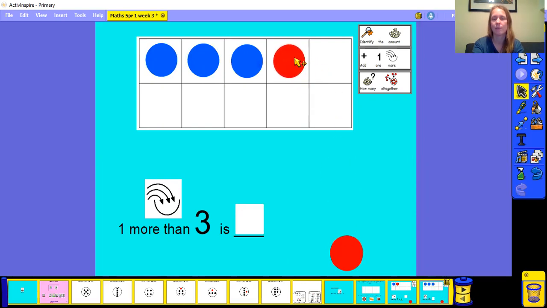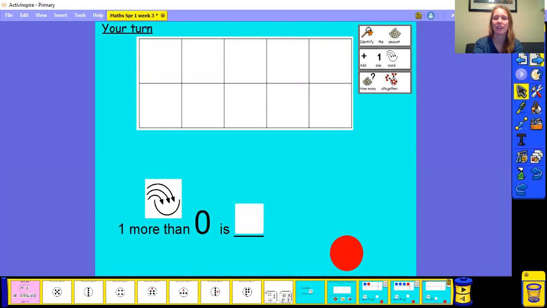Here it is. To find out my answer, I need to count how many there are all together. 1, 2, 3, 4. 1 more than 3 is 4. Did you work that out too? Have a think about this one. Pause the video for a minute while you have a think.